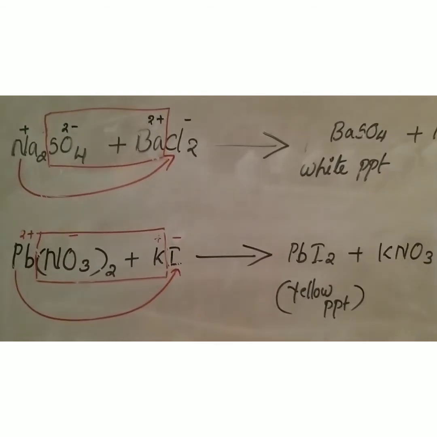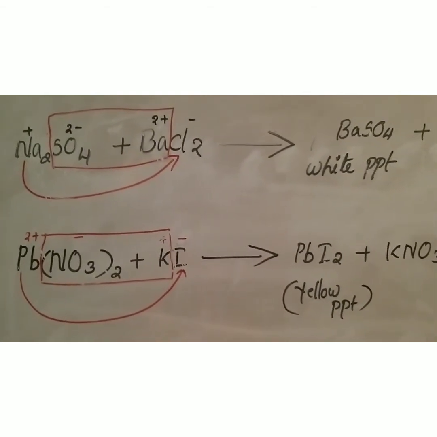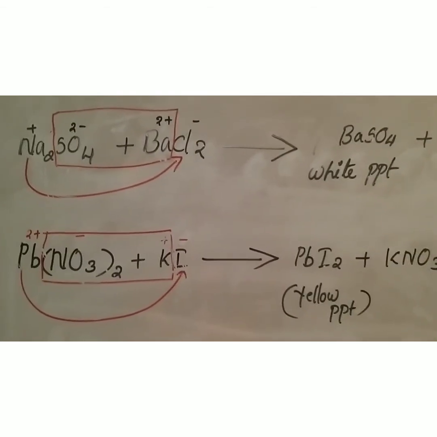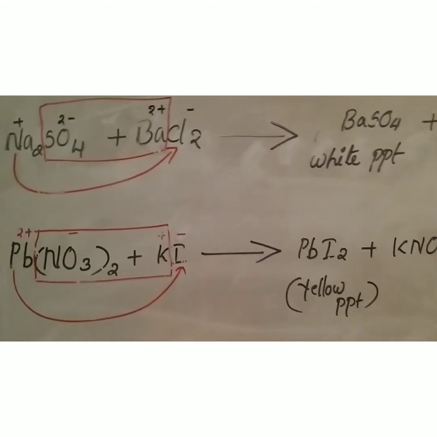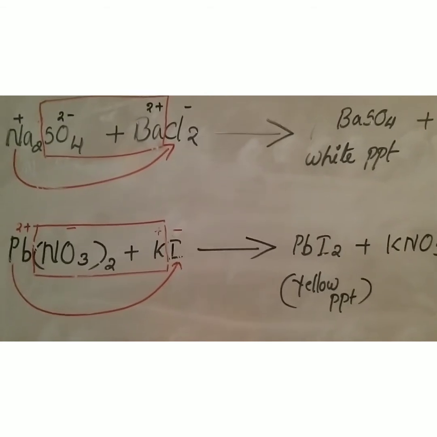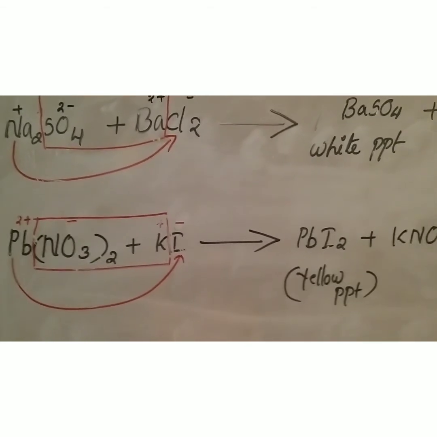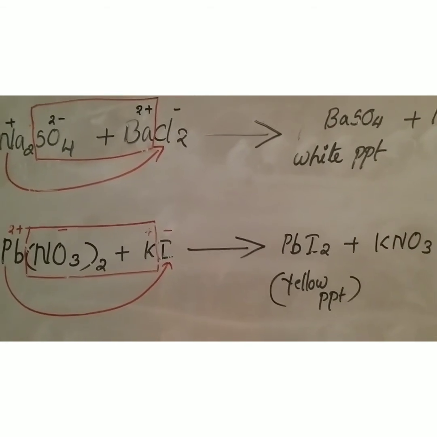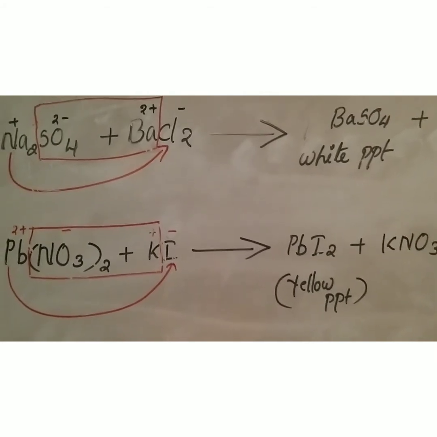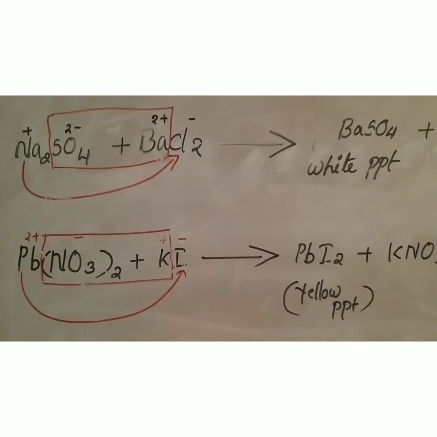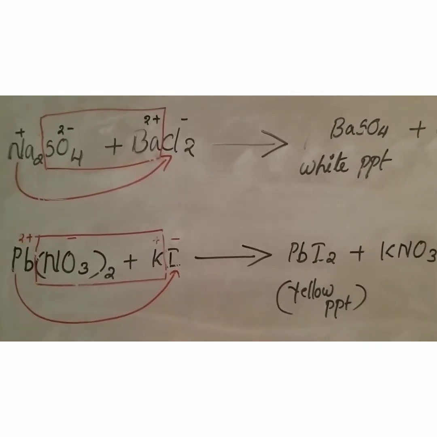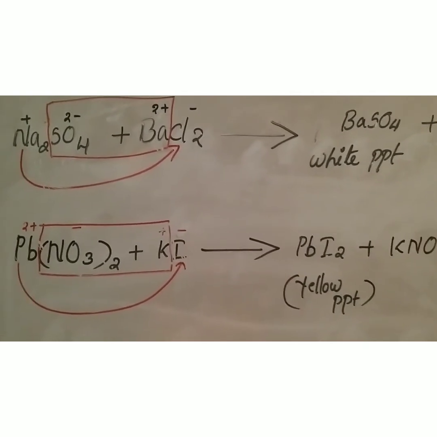And now we learn 2 points. First, definition of double displacement reaction. How can we define double displacement reaction? Double displacement reaction means the reaction which takes place by the exchange of ions. Double displacement reaction is also known as precipitation reaction. Why is it known as precipitation reaction?